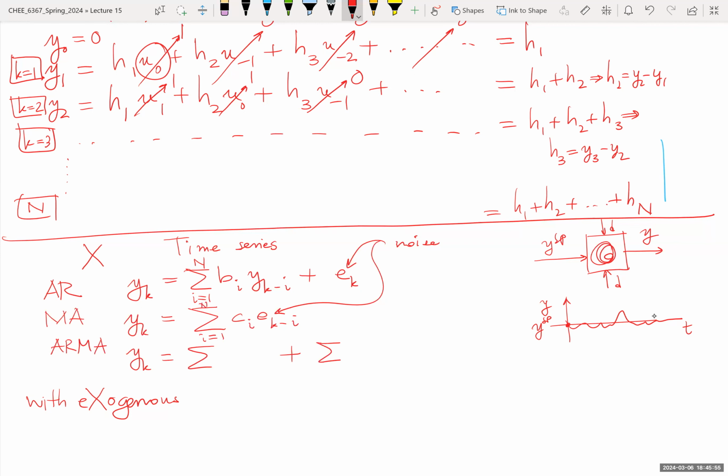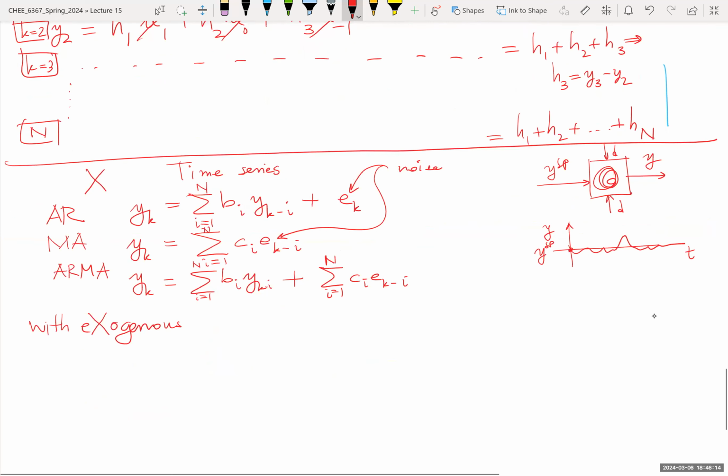One is the weighted sum of the same output, 1 through n, let's say, and the other one is a weighted sum of white noise. This is just another structure.